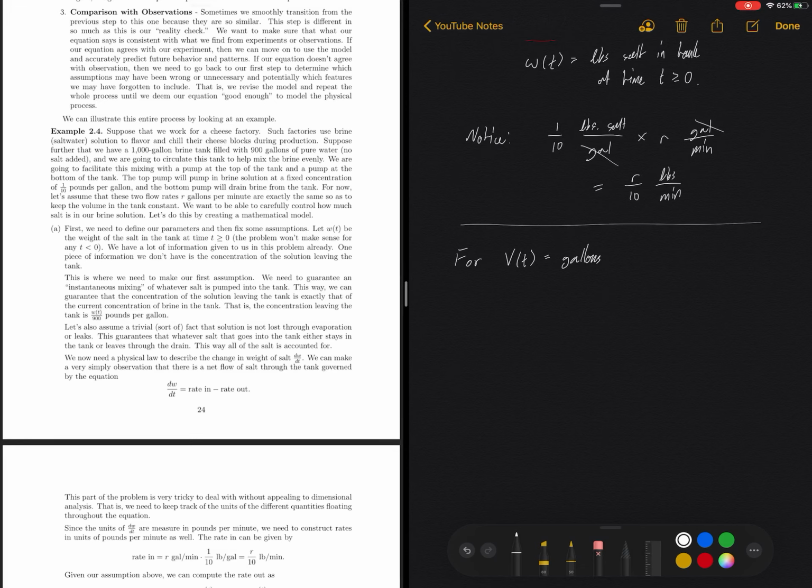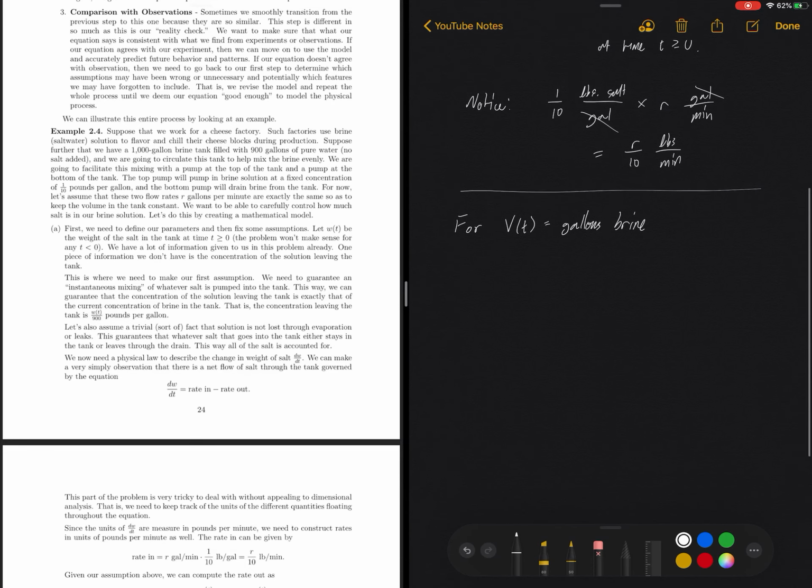Well, let's set this up. For volume, which very well could be changing over time, V of T equals gallons, and this is of brine, right? Gallons of brine solution. It could have salt in it. It could be pure water. Who knows?